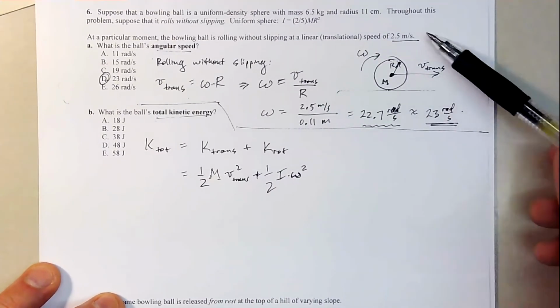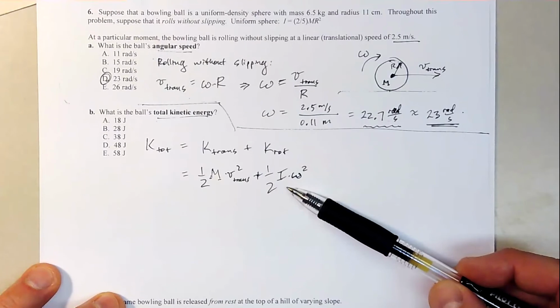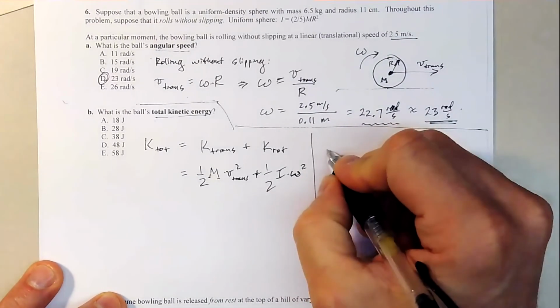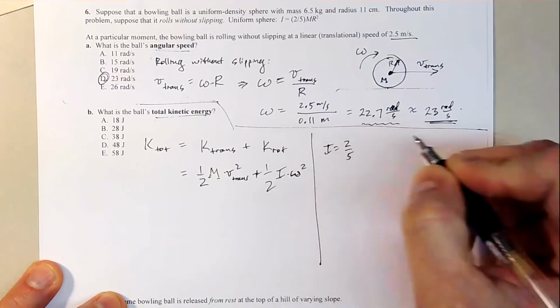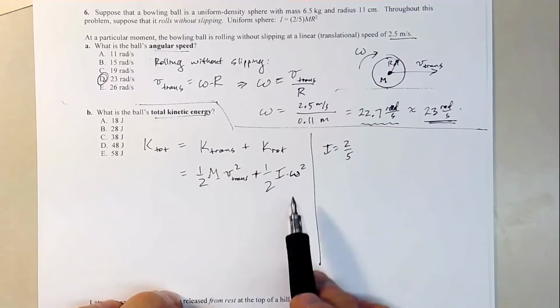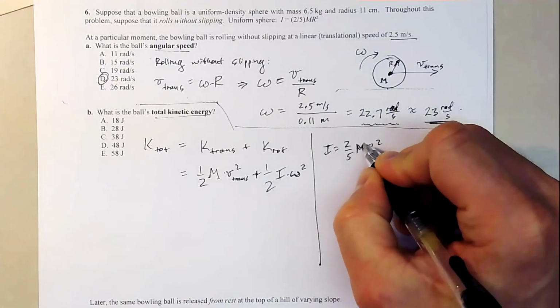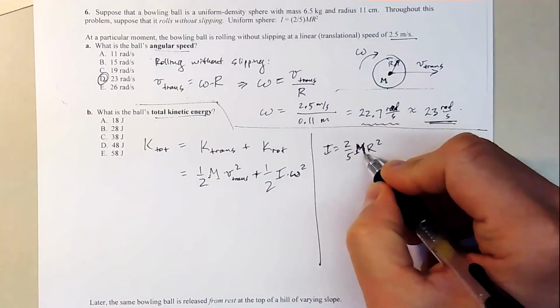We know all of the quantities so far, except for I, the moment of inertia. So let's do a little side calculation here and figure out what that is for the bowling ball, and then we'll be able to plug it into the formula. I is 2/5 m r squared for a solid sphere.